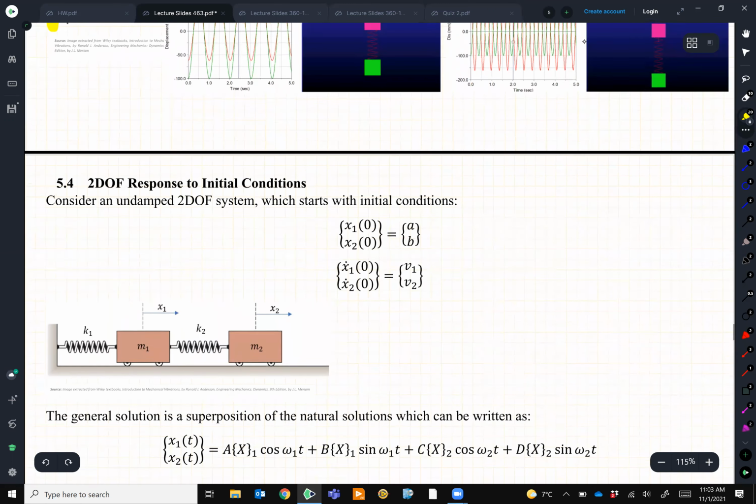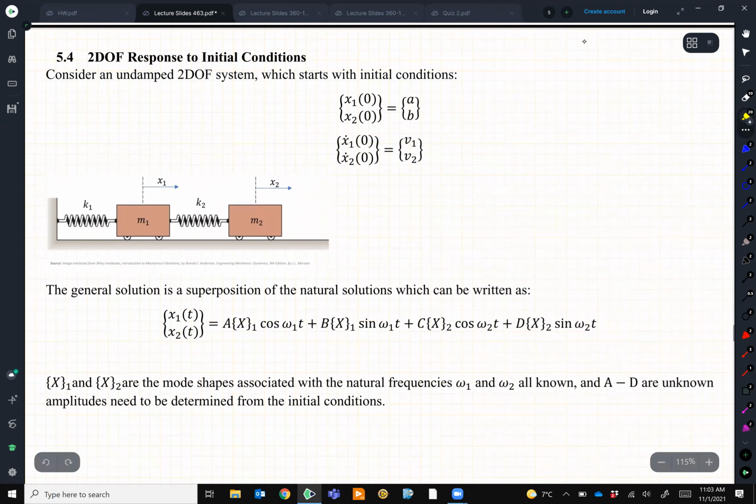So next step, and I showed you the motion of the two masses with that demo. Now, our next step is that I have initial conditions. I want to solve them. I'm going to write it down again here for a single degree of freedom system, so then quickly we can compare what we are dealing with.